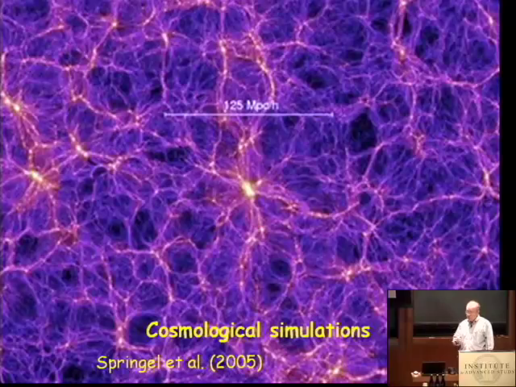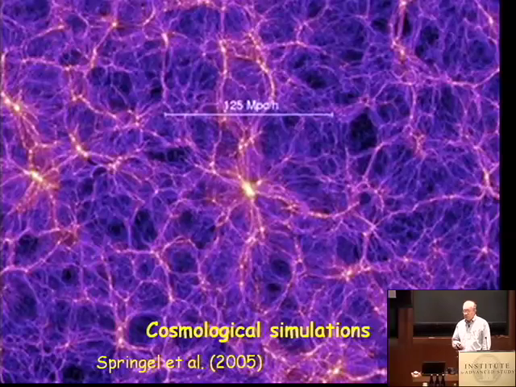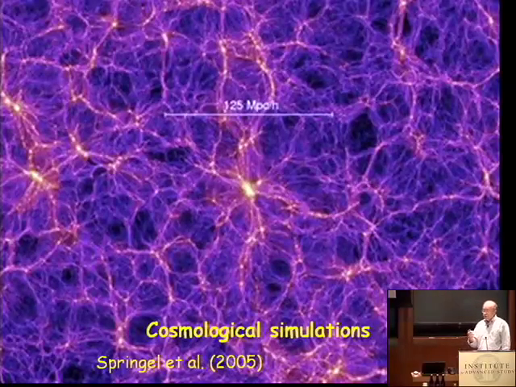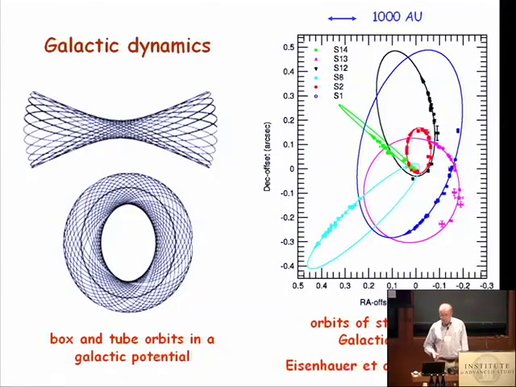And of course, as Volker Springel told you yesterday, cosmological simulations are basically a problem of integrating a very large number of orbits of bodies representing dark matter particles over a Hubble time. There are other contexts. Understanding galactic structure requires understanding the rather complicated morphology that orbits can take in the overall galactic potential.